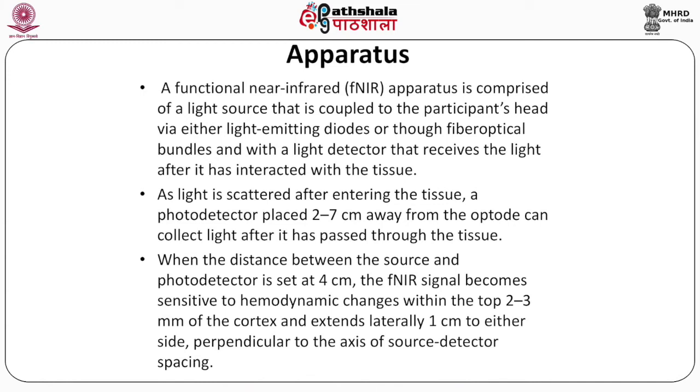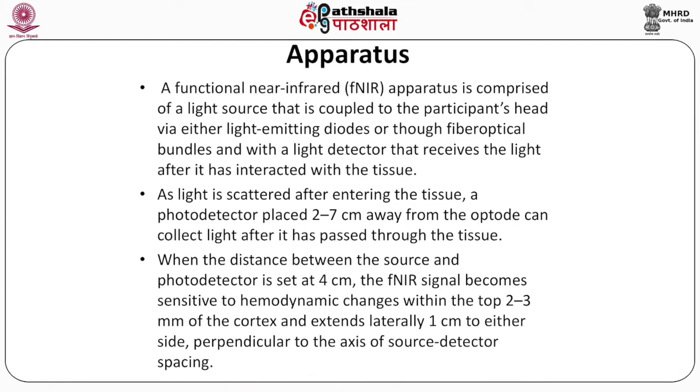As light is scattered after entering the tissue, a photodetector placed 2 to 7 centimeters away from the optode can collect the light after it has passed through the tissue. So the distance between the light emitter and the light collector is in the range of 2 to 7 centimeters. When the distance between the source and the photodetector is set at 4 centimeters, the fNIRS signal becomes sensitive to hemodynamic changes within the top 2 to 3 millimeters of the cortex.